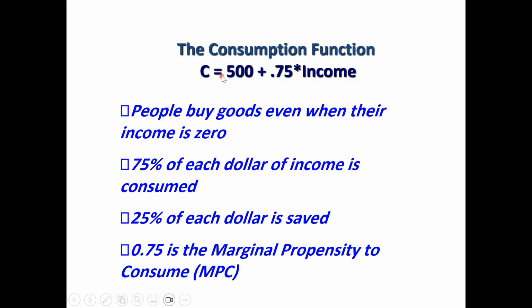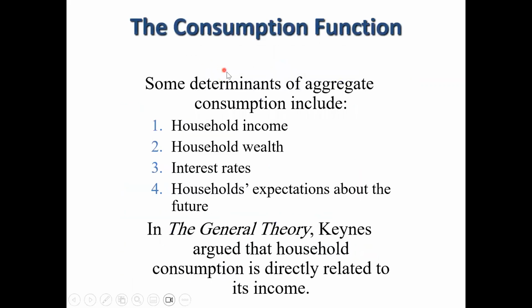And this will lead us to the determinants of the consumption function. The determinants of aggregate consumption include, first, and it's the most significant factor, household income. Then household wealth, then interest rates, then households' expectations about the future. So we have four main determinants of aggregate consumption: household income, household wealth, interest rates, and households' expectations about the future.